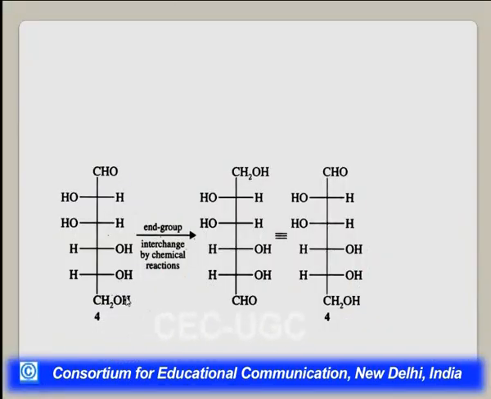It is an enantiomer of D-glucose. You can see here, if we interchange these two groups, we will get this kind of structure, which is equivalent to this. Why is it equivalent? Because we are interchanging these terminal groups by 180 degree rotation.